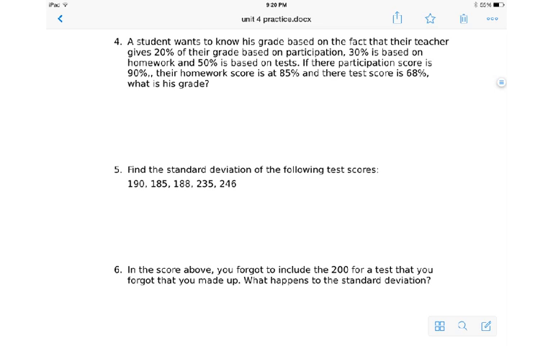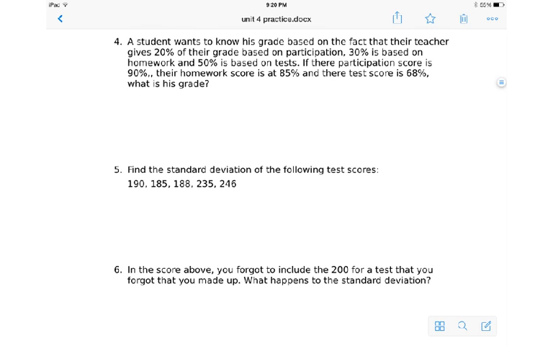In number 4, a student wants to know his grade based on the fact that the teacher gives 20% of the grade based on participation, 30% is based on homework, and 50% is based on test. So if the participation score is 90%, the homework score is 85%, and the test score is 68%, what is his grade?